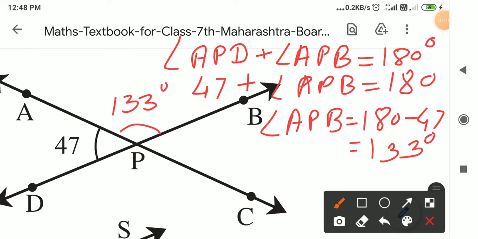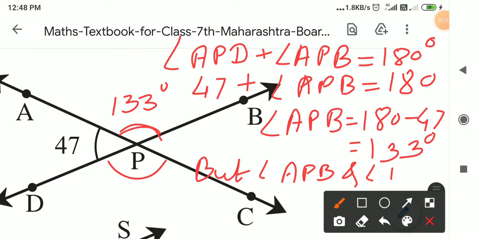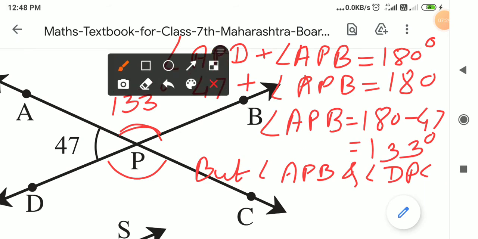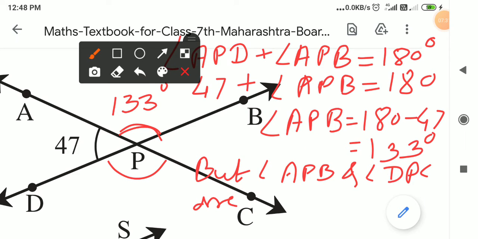So all of you note down this. But angle APB and another angle, which is APB's vertically opposite angle, is DPC. Angle APB and angle DPC are vertically opposite angles.